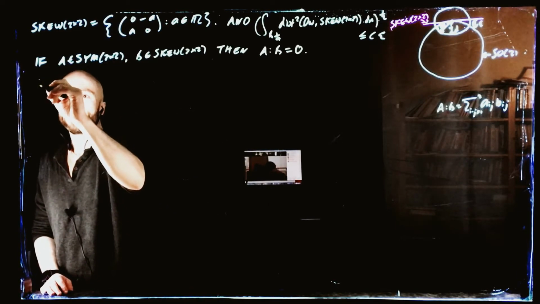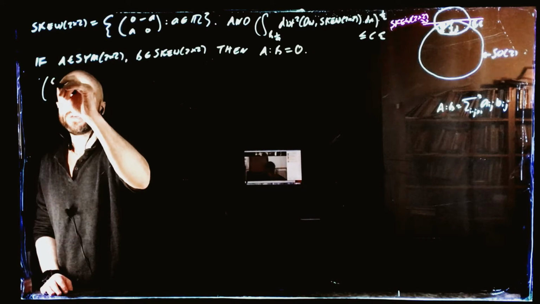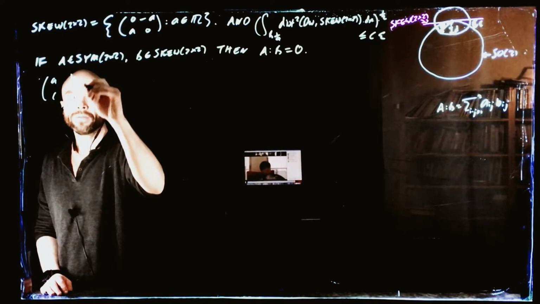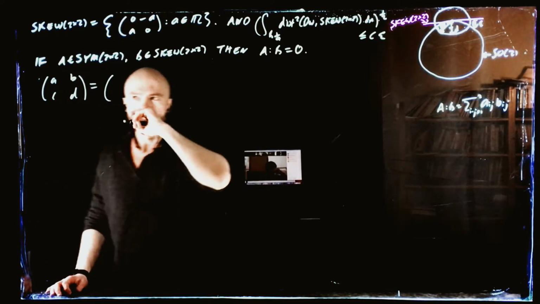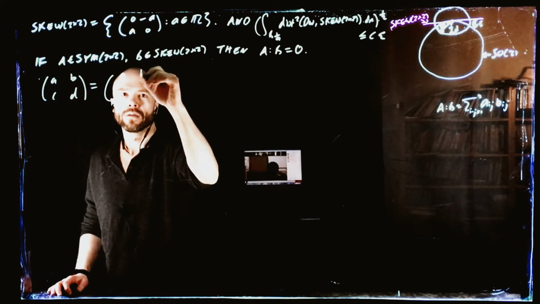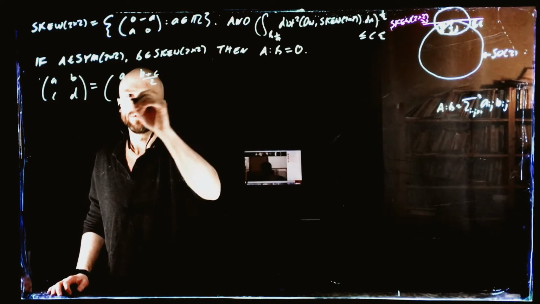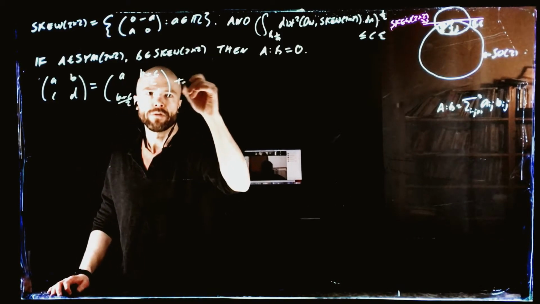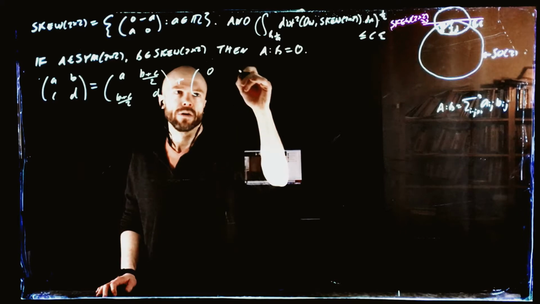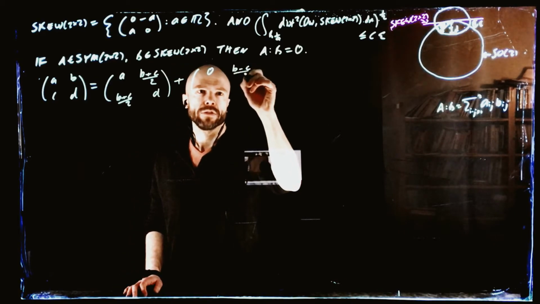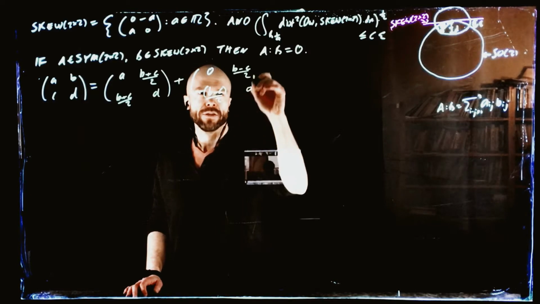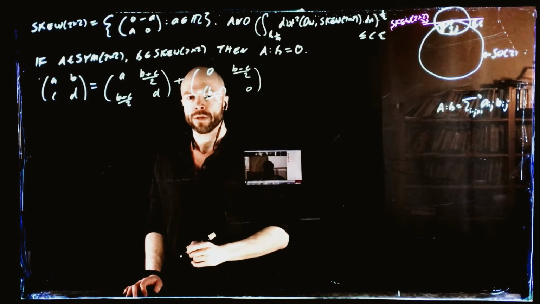For any matrix (a, b; c, d), we can write it like this: (a, (b+c)/2; (b+c)/2, d), and that's a symmetric matrix, plus (0, (b-c)/2; -(b-c)/2, 0).